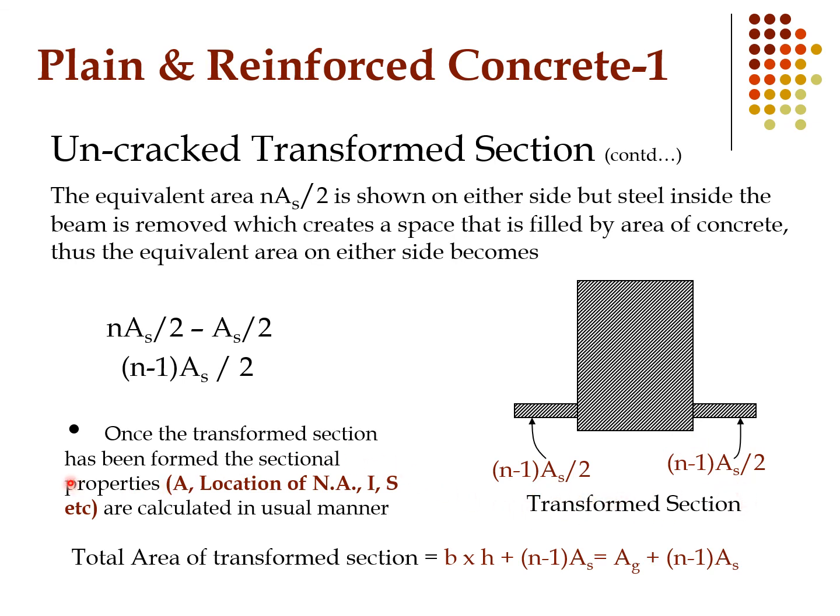Once the transformed section has been formed, the sectional properties are calculated in the usual manner. So total area of transformed section is b times h plus (n minus 1) As, or we can say gross Ag plus (n minus 1) As. So this is basically the uncracked transformed section.